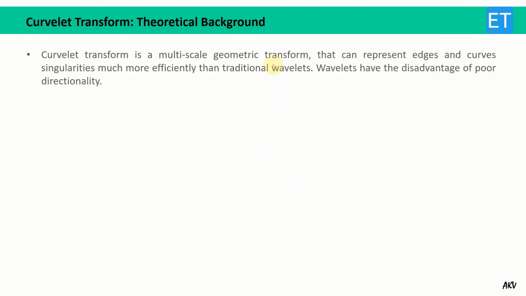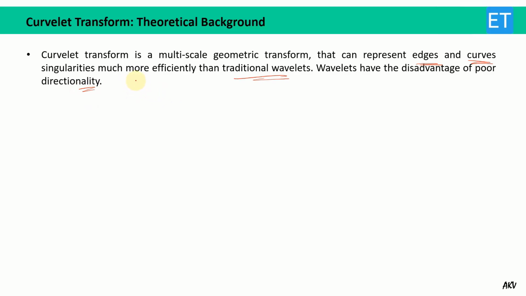Now let's see some theoretical background. The Curvelet transform is a multi-scale geometrical transform that can represent edges in curves and singularities much more efficiently than traditional wavelets. Wavelets have the disadvantage of poor directionality.